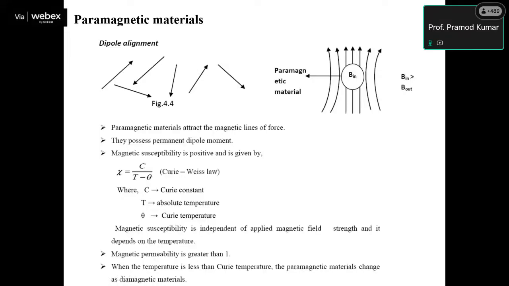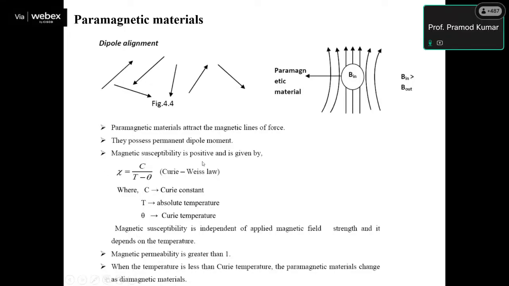And if we look at the properties, time is limited, so I will not go through the derivation. I am directly explaining a few properties. Paramagnetic material attracts the magnetic lines of force, as you can see in the diagram. They possess a permanent dipole magnetic moment. Some amount of dipole moment is always there even without applying the magnetic field.